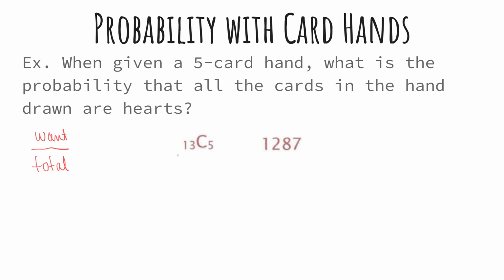Now, the total number of options that we can get from those 5 cards would be from the total of 52 cards in the deck. So we have 52 cards in the deck. We're going to choose 5 of them. Okay, but what we want to happen is we want to choose 5 hearts out of 13.